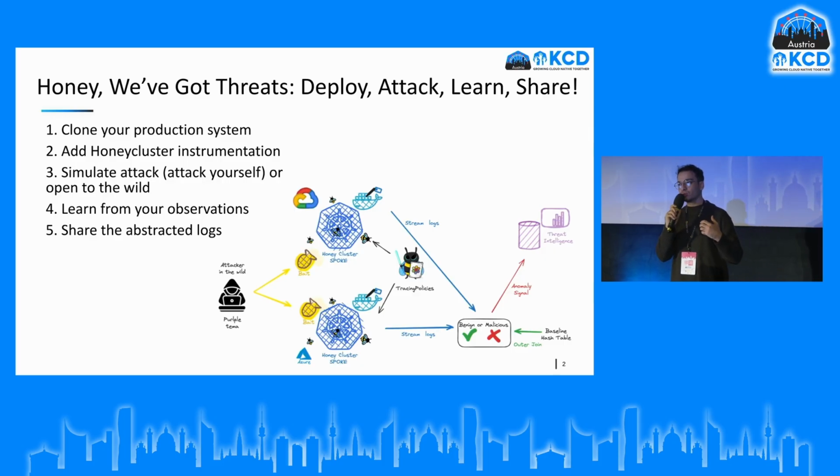Now that your honey cluster is up and running, the fun part starts where you can attack your honey cluster yourself to get some insights, or you make your honey cluster publicly available in order to let the bad guys do the work for you. By observing the logs from the honey cluster, you can gain valuable information.